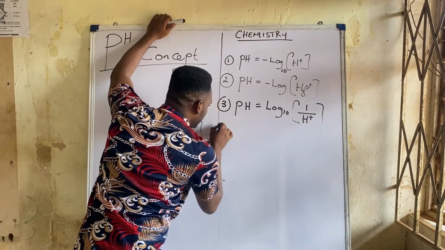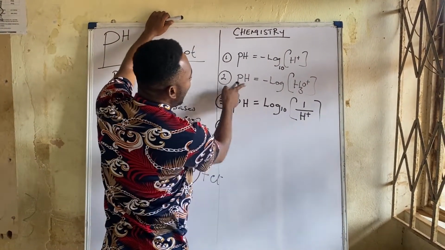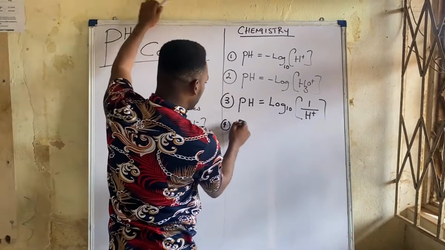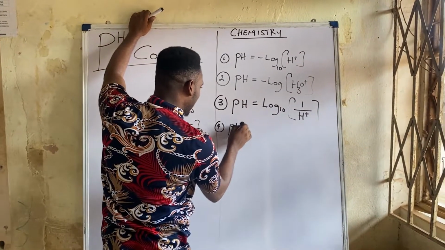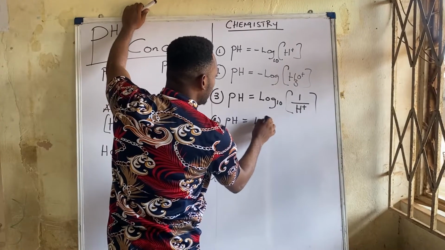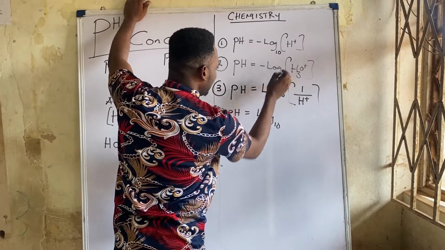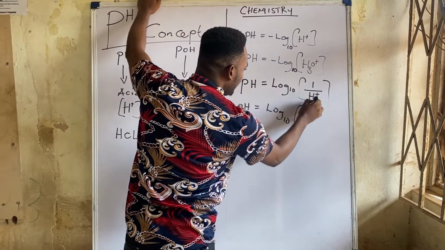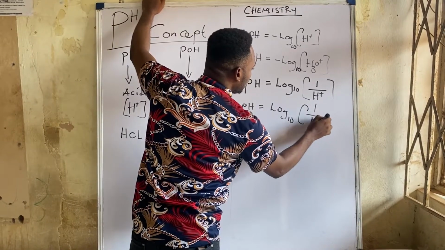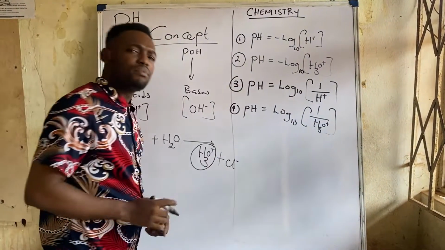Number 4, I can rewrite this also using this conversion. That means I'll have pH equal to log in base 10, this is also in base 10, of 1 over H3O plus concentration.